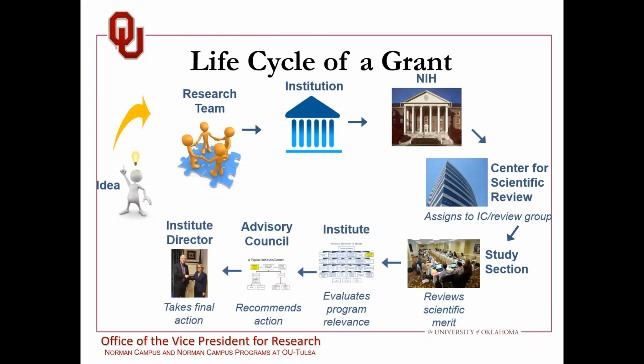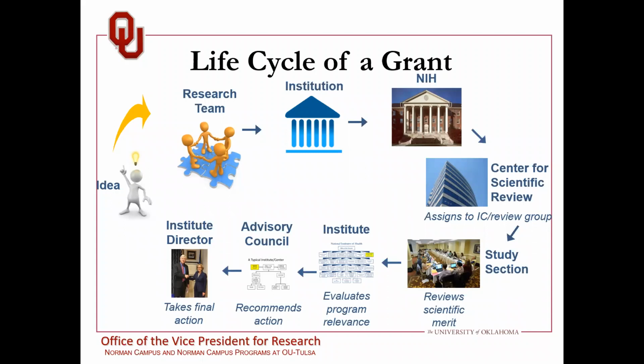So you come up with the idea for the work that you want to do, and you put together the team that you want to work with you, and you find the solicitation that you want to submit to. And usually in NIH, these are under different institutes. So for example, you might have work that is going to be addressed with the National Cancer Institute or the National Institute on Alzheimer's and Aging or things like that.